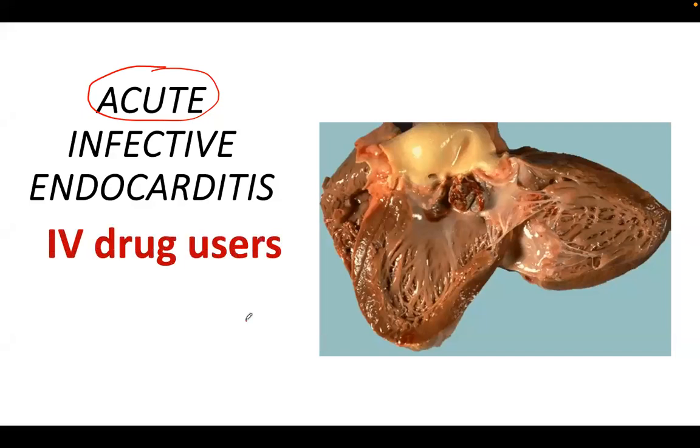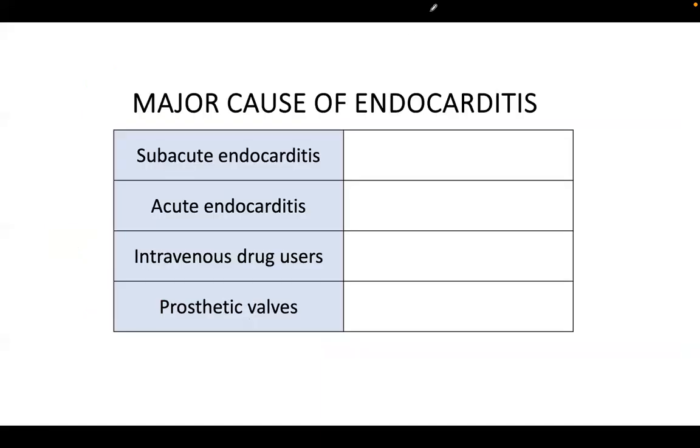Now, always remember the clinical scenario where you would expect acute infective endocarditis, and this is in IV drug users with involvement, of course, of the tricuspid valve. Now, tip: what is the most common cause of subacute endocarditis? Okay, it is viridans. What about acute?